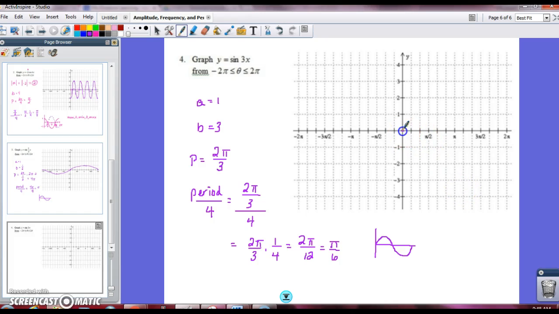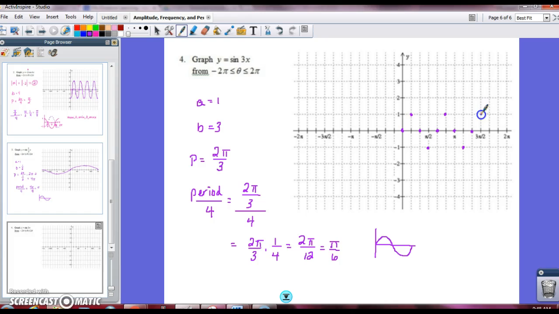So if I follow my pattern, I start at 0. My amplitude is 1, so I'm going 0, max, 0, min, 0. So 0, then max, and then 0, and then min, and then 0, and then I'm back at 0.